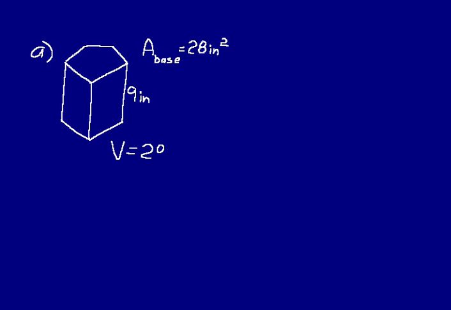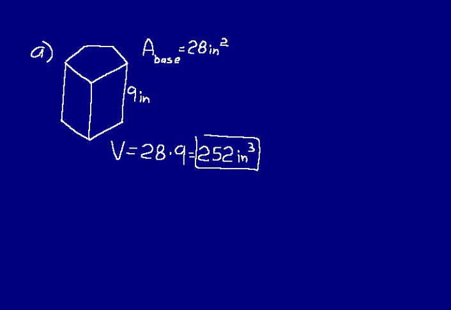Area of the base is 28 inches squared times a height of 9 inches. You can just do 28 times 9 on your calculator, or if you're good at it, do it in your head. 28 times 9 would be 252 inches cubed. And so that would be the volume for that prism.